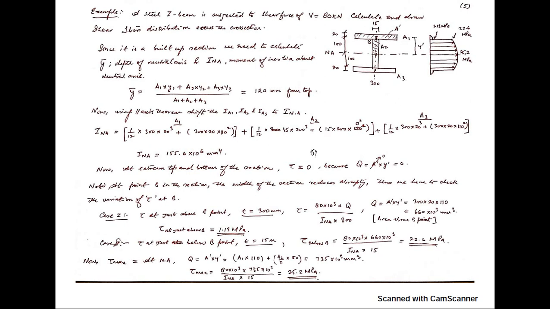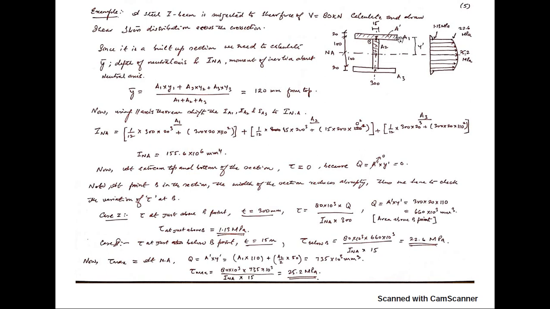Basically, we will first calculate the first moment of area, because all the things will remain similar, only Q and the width of this cross section will change. How will we calculate it? You have to calculate separately for A1 and A2.